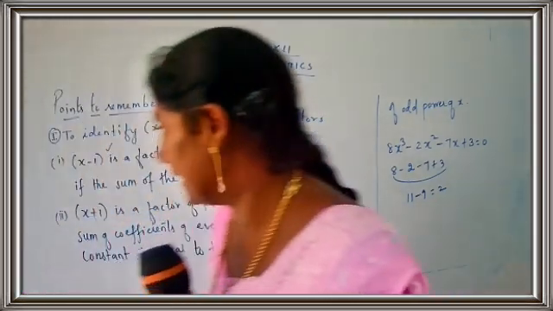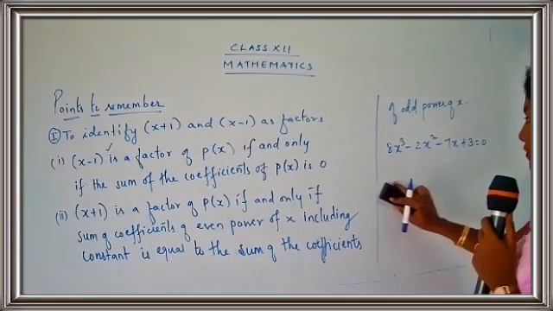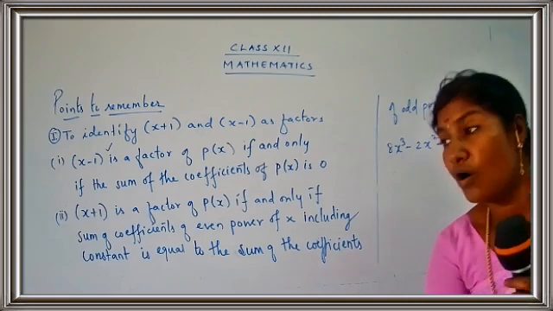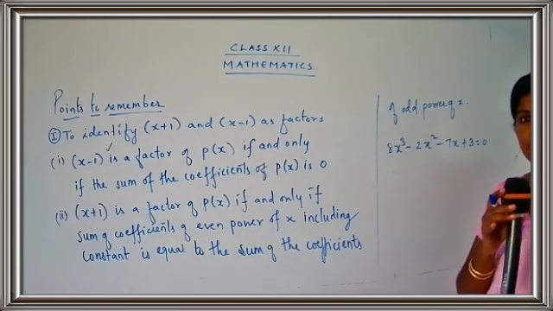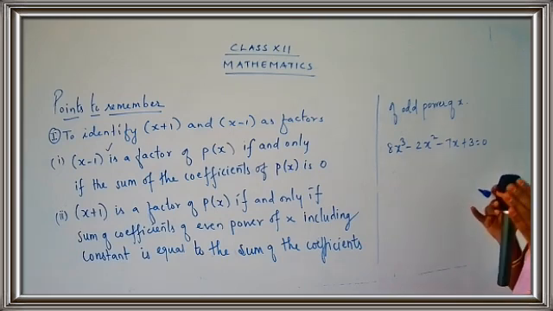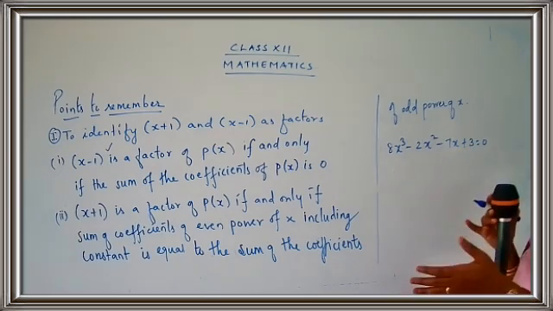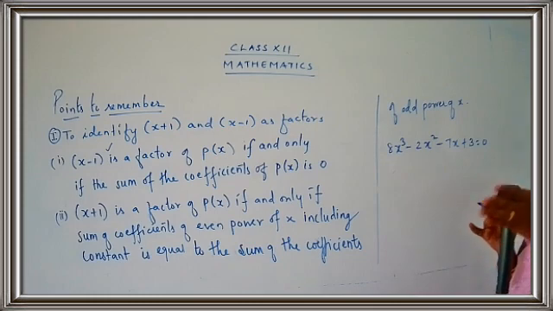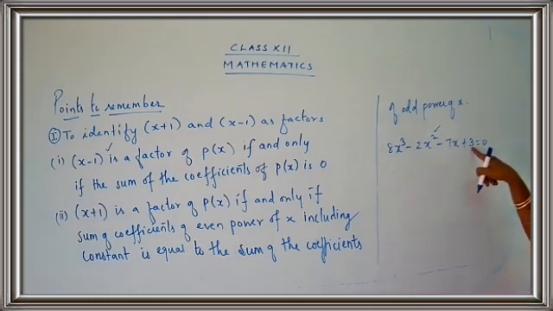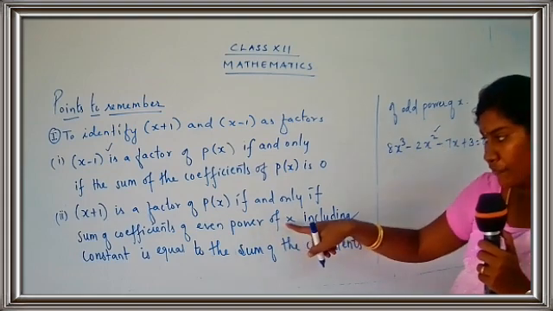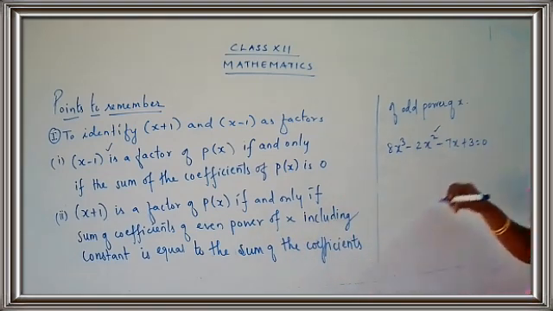Let me go for the second part, that is for x plus 1. We are going to take the sum of the coefficients of even power of x. Even power means 0, 2, 4, 6, 8, 10, 12, 14, 16 and so on. They said that you have to take the even power of x including the constant also. So what is the constant here?